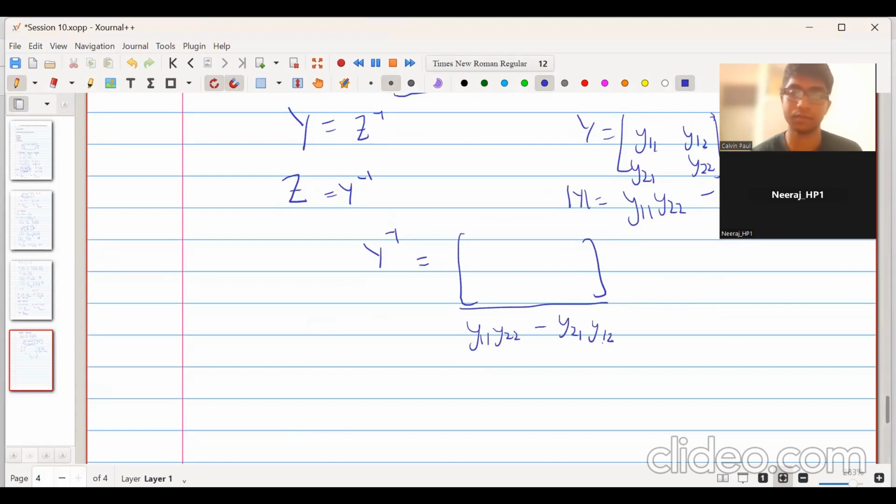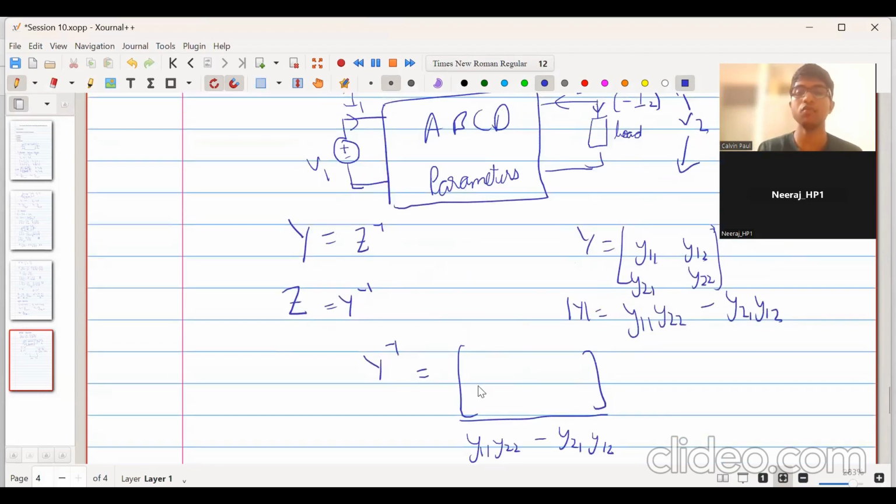What will be the first element of this matrix? It will be y22, correct. And what will be the last element of this matrix? Yeah, y11.